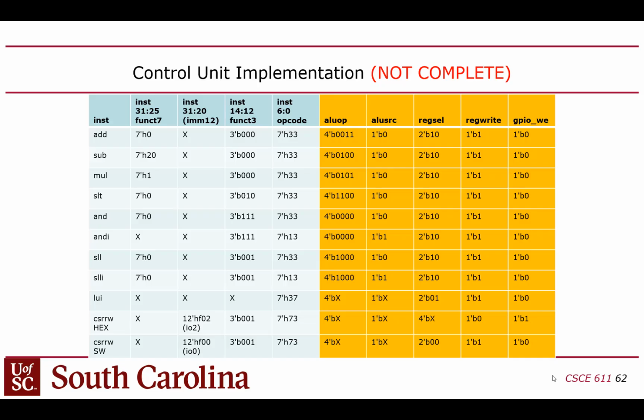Same values, just different ALU ops. So the control unit will be an if-then-else that will implement this table. So how do you convert a table to an if-then-else? Well, that's what we want you to figure out, right? That's the goal. Or you could just build it as a big case statement or something possibly, but that would be ugly, right?